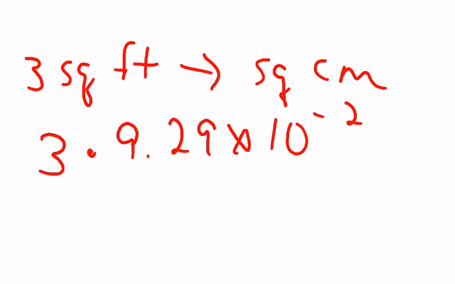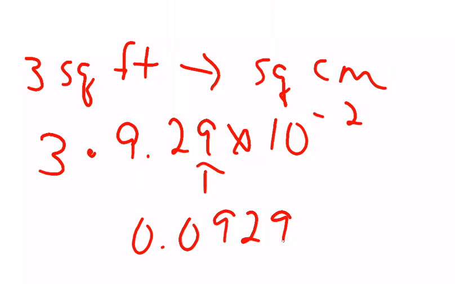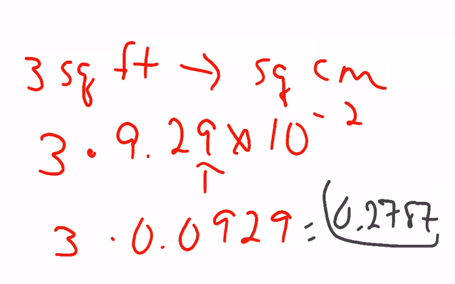So that's our converting number. If we want to convert it, we would just move the decimal 2 spaces to the left. So this number is really 0.0929. And we want to multiply that by 3, because that's going to tell us how many square centimeters we have. And so we get 0.2787. That's how many square centimeters there are.